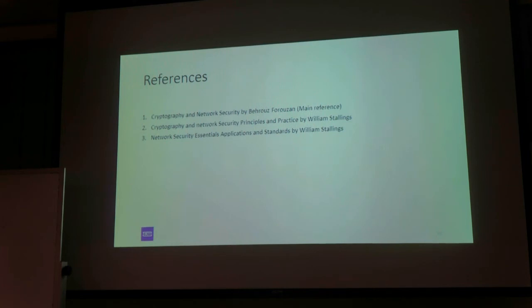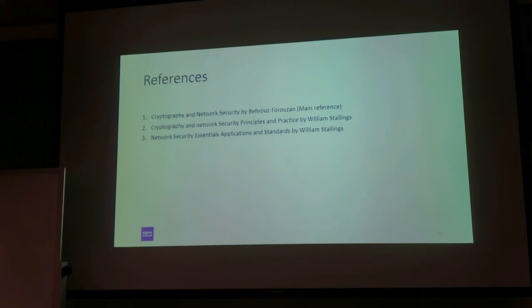For example, when we talk about SSL or TLS, what is that? In the transport layer. When we spoke about IPsec, where is that? In the network layer. When we talk about PGP, what is PGP?